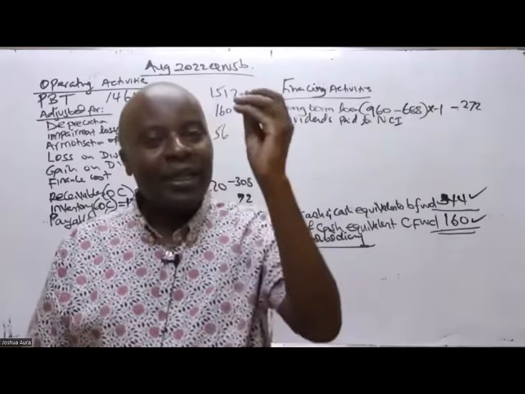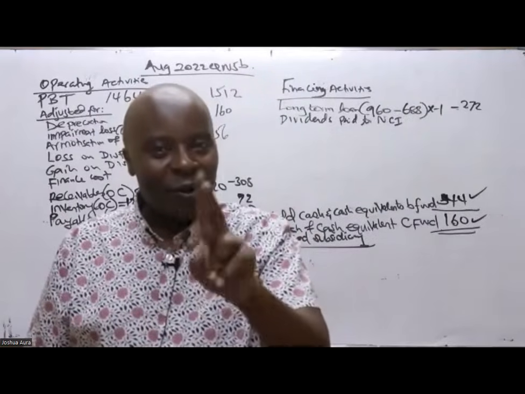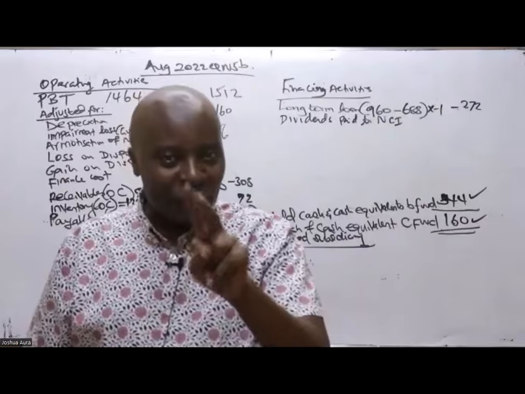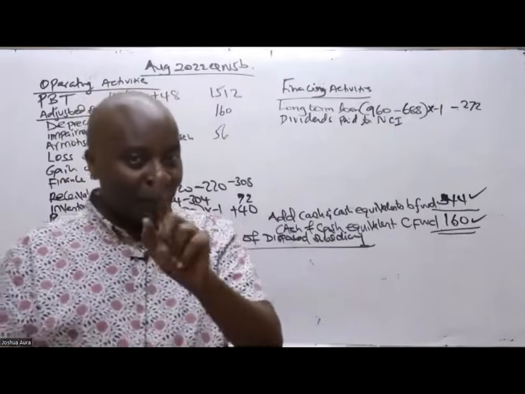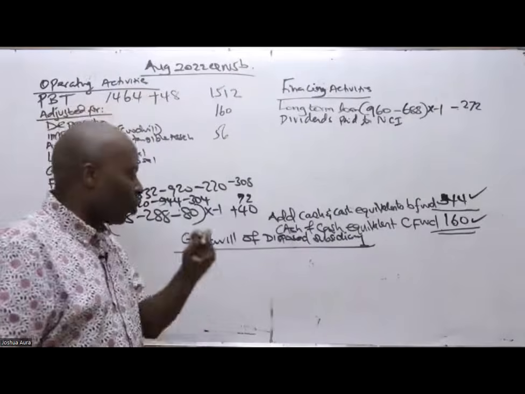So how much we paid, there are two stakeholders, remember. We only had 80% of this company, so there must have been another party that had 20%. So we have the parent and we have NCI. So two considerations.